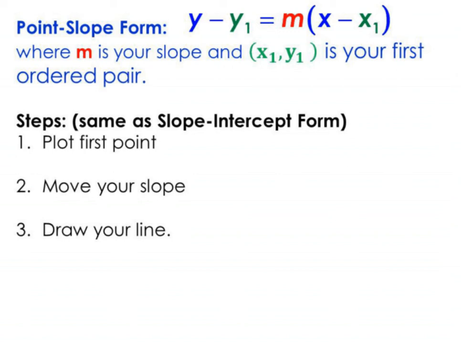So if I'm looking at this point-slope form, all you need is m, your slope, and any other point on the graph. x1, y1, remember that just meant ordered pair number 1. The first x value, the first y value. Okay, so just like slope-intercept form, your first step is going to be to plot this first point. The second step is going to be to move your slope, and then you just draw your line in between them. So I promise when we start writing equations, you're going to be much happier this way.